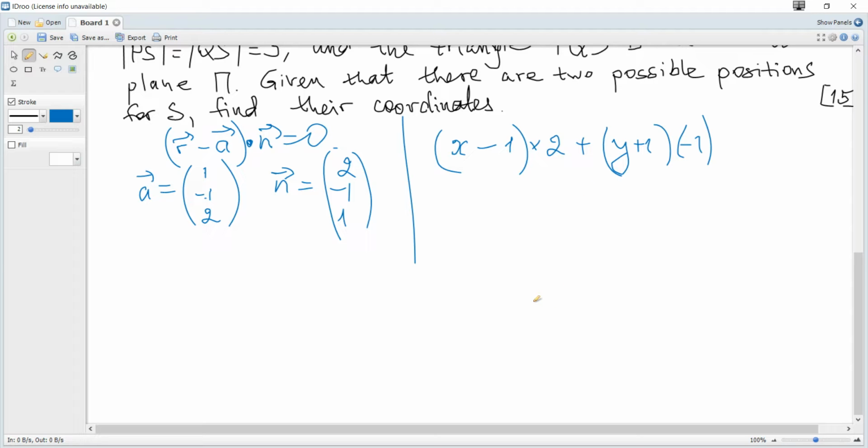It's x by x plus y by y plus z by z, and r is a vector with coordinates x, y, z, and plus for z it becomes z minus 2. I hope it's clear for you.